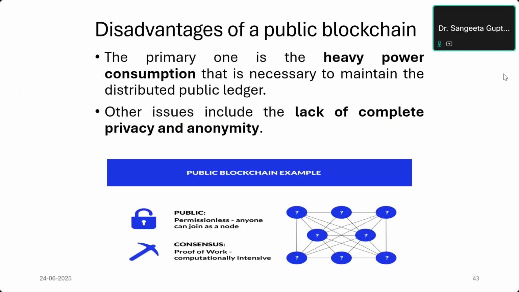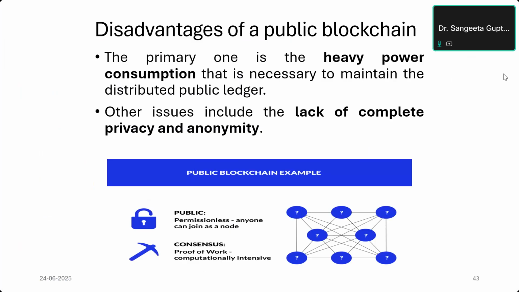However, there are certain difficulties due to which people prefer other variants of blockchain. The primary disadvantage or difficulty that people face while using the public blockchain network is heavy power consumption. That is, to maintain the distributed network, power consumption is excessively required.